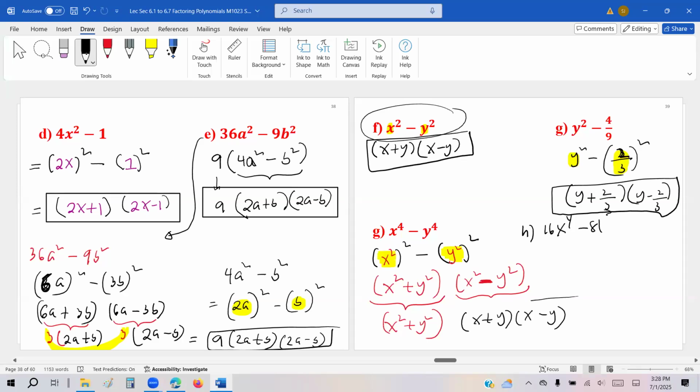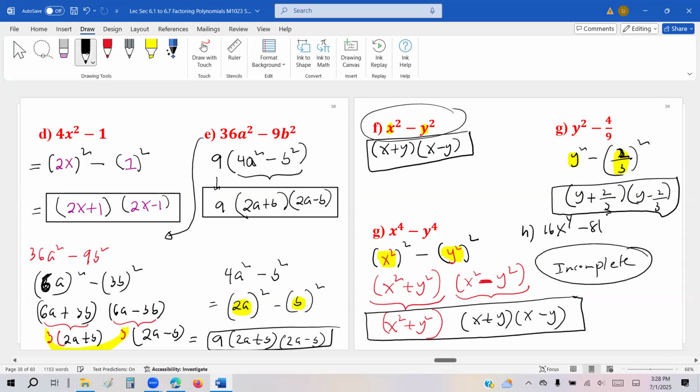So in your exam, if you give me 2 factors, you are going to lose points, because they have 3 factors in total, not 2. So this part is incomplete. It's not wrong, but it's incomplete. So you're going to lose points. The final box is the completed factored form.